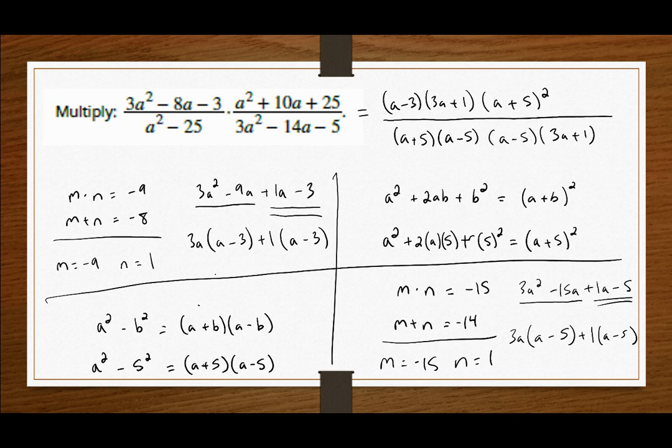Our case is not quite done now, but we need to see what are the factors that we have in common. So I see, for instance, that at least one a plus 5 would cancel out with an a plus 5 here. We also have a 3a plus 1 canceling with the 3a plus 1 here. And so finally we get a solution.